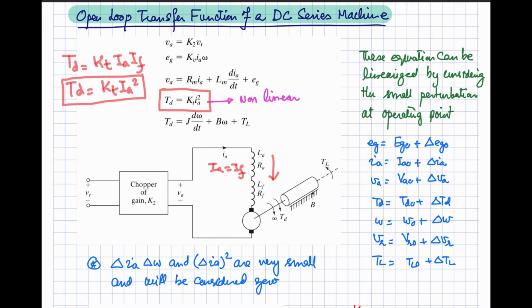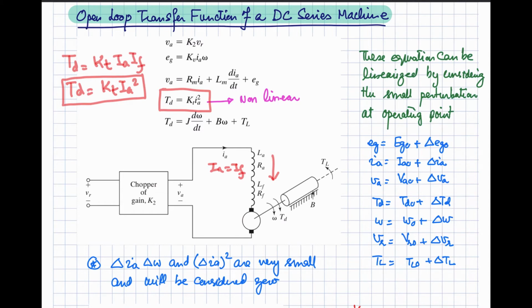So let's suppose that the operating point, the average value of the parameters, is given by these ones, and then the perturbation, a small change, is represented by these terms. For example, Eg, the induced EMF or the back EMF, will be equal to Eg0 plus the small variation across the operating point.